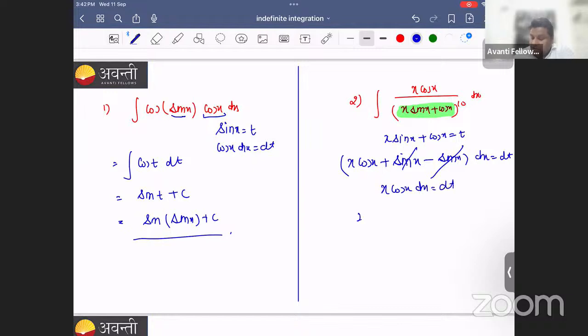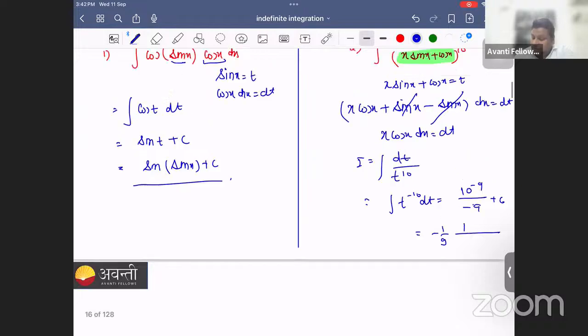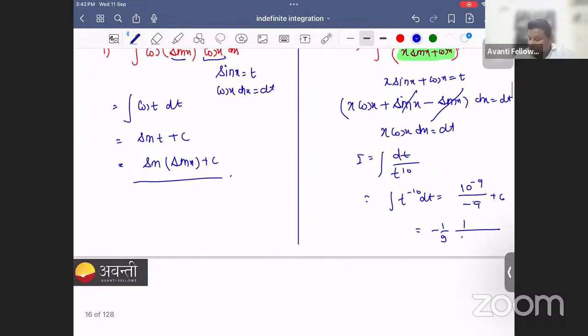So your question became dt upon t to the power 10. That is t to the power minus 10 dt. So that is t to the power minus 9 upon minus 9 plus constant. So it is minus 1 upon 9, 1 upon (x sin x plus cos x) whole raised to the power 9 plus constant. Got it?